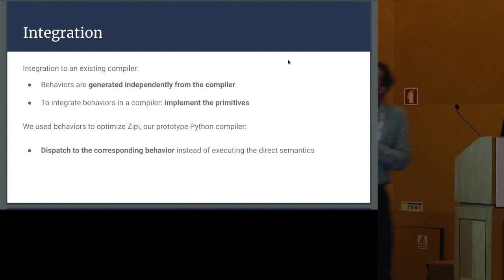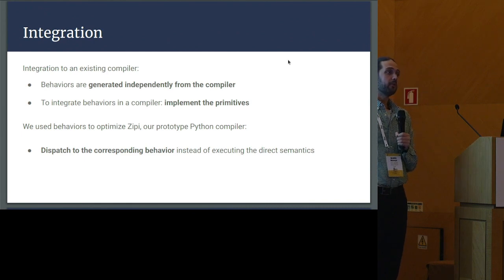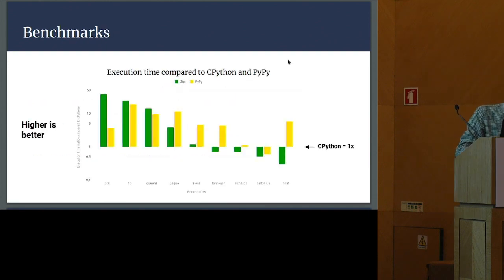And what we've done is we have our own prototype of Python, which is called Zipi. And what Zipi does is it just reads all those behaviors, compiles them, and when it executes an operation, instead of doing that whole method lookup and then calling the method, it just looks at the left-hand side type, looks at the right-hand side type, and dispatches to the correct behavior, which was pre-computed.